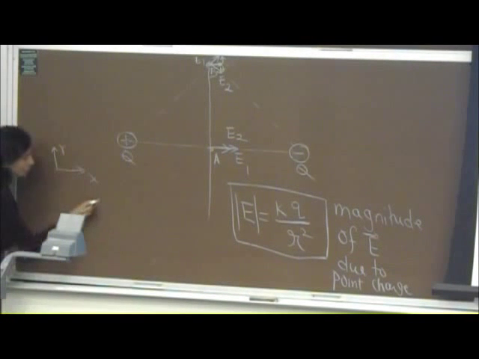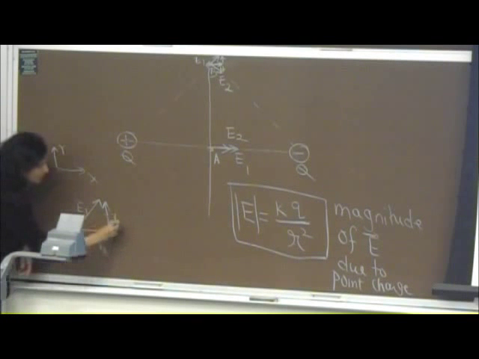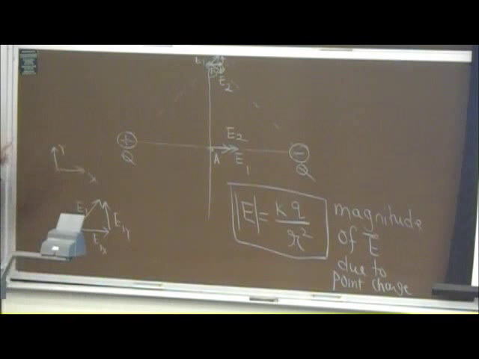Everybody's seen that if you have a vector like this and you break it into X and Y components, its components are going to be like this. This is the resultant vector, E1. This is E1X. This is E1Y. Similarly, your vector E2 will have components E2X and E2Y.